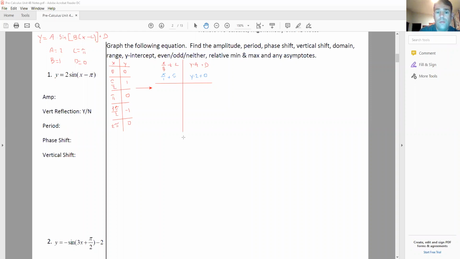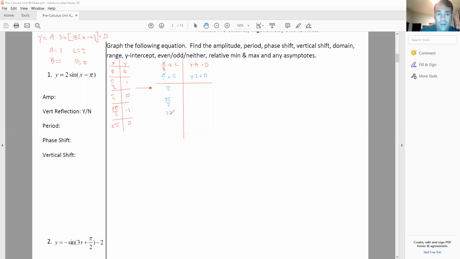As we graph this, these will end up being the new points. So take each point and plug it in. 0 divided by 1 is 0 plus pi, that would be pi. Pi over 2 divided by 1 is pi over 2 plus pi would be 3 pi over 2. Now you guys are going to have to add a little bit with fractions as you go through. Pi divided by 1 is pi plus pi is 2 pi.